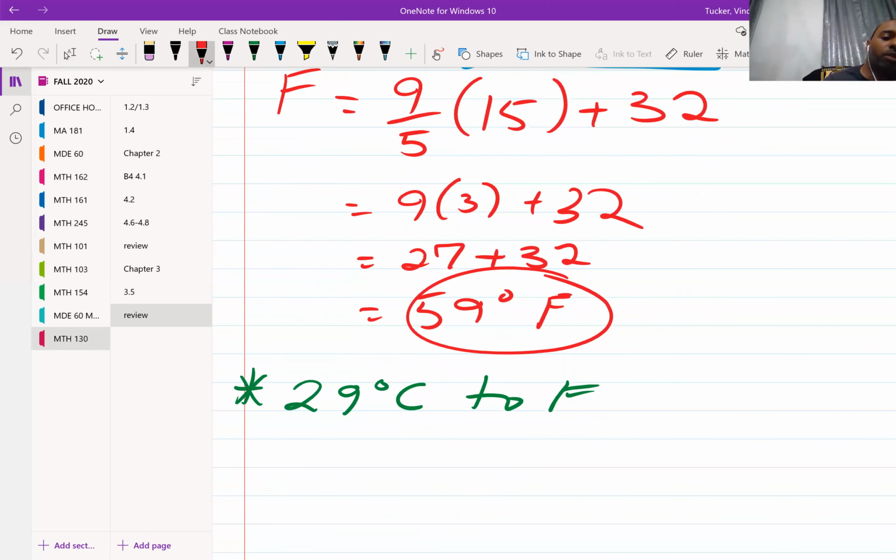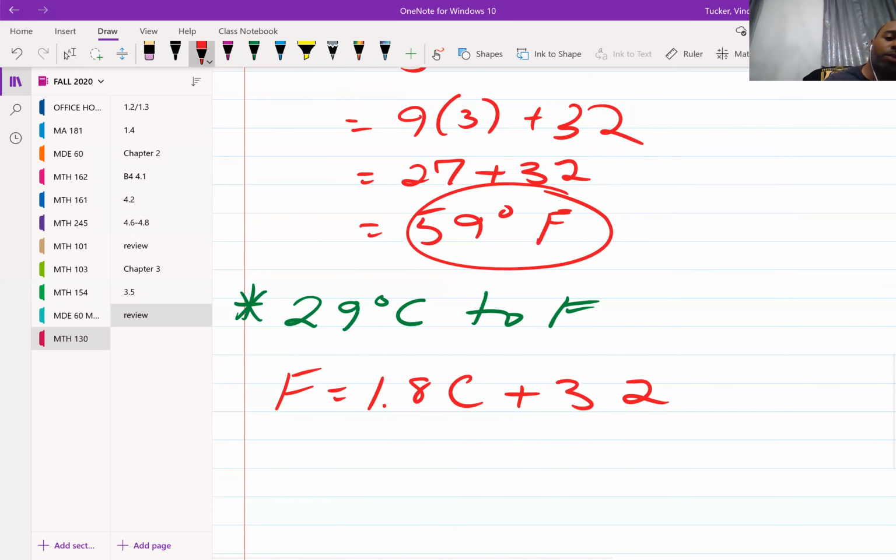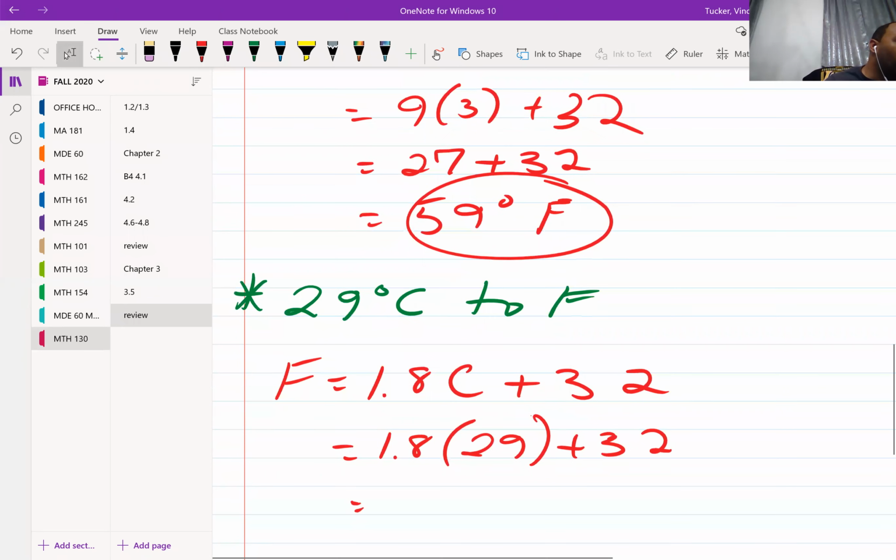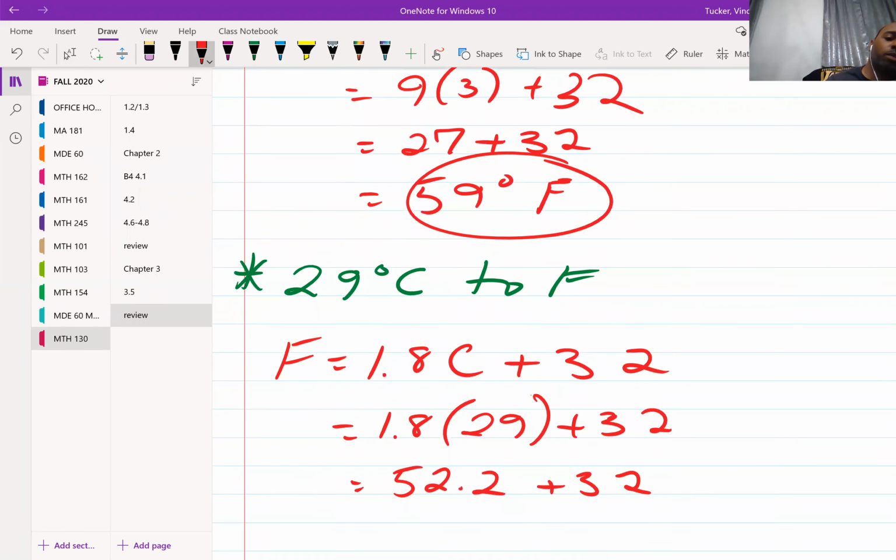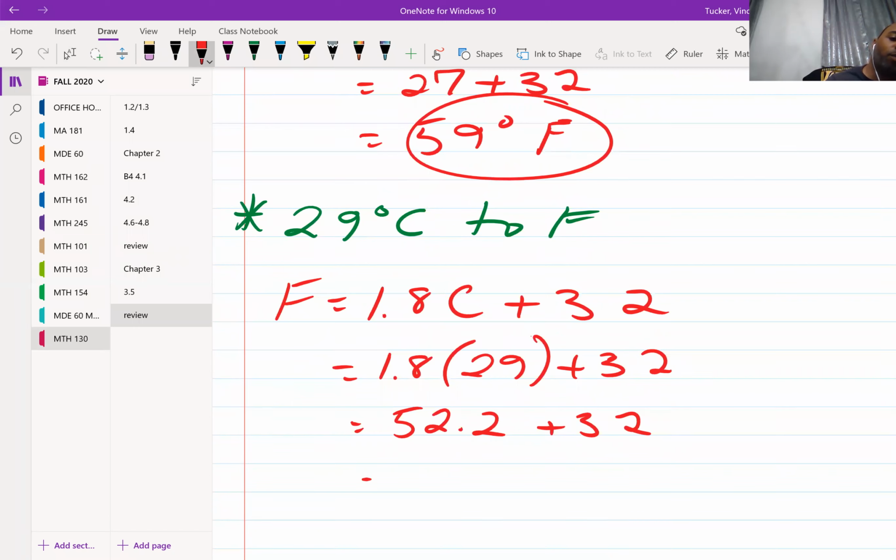We can use the other form of the formula. So it's 1.8 times C plus 32. Like I said, it doesn't matter which one you use. So it's 1.8 times 29, 52.2, plus 32. That is 84.2 degrees Fahrenheit.